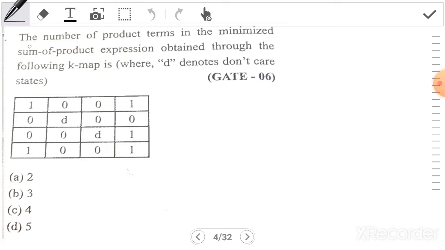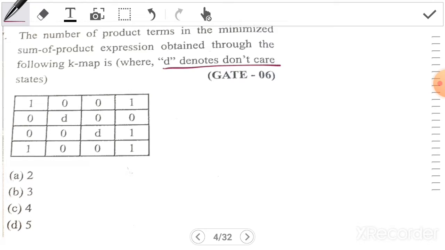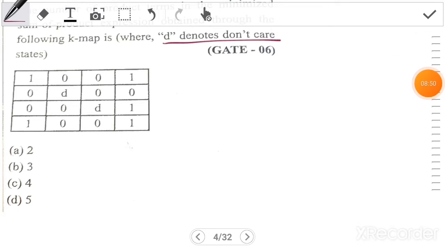Next question is the number of product terms in the minimized sum of product expression obtained through the following K-map is. So D denotes the don't care states. Don't care in K-map or truth table may be either ones or zeros, as long as we don't care what the output is for an input condition we never expect to see.